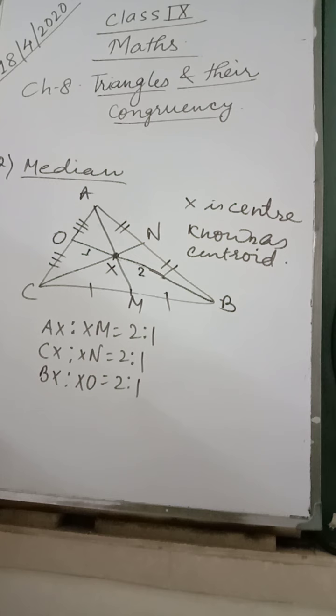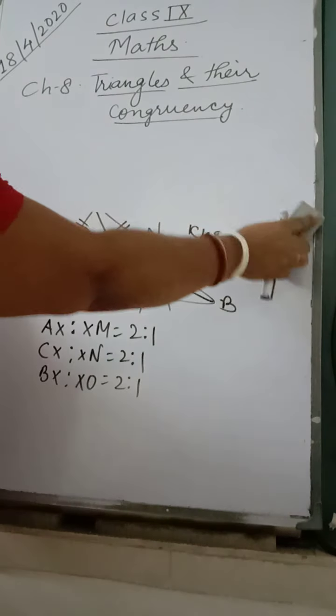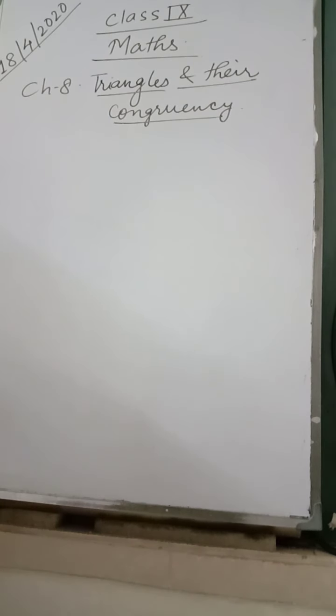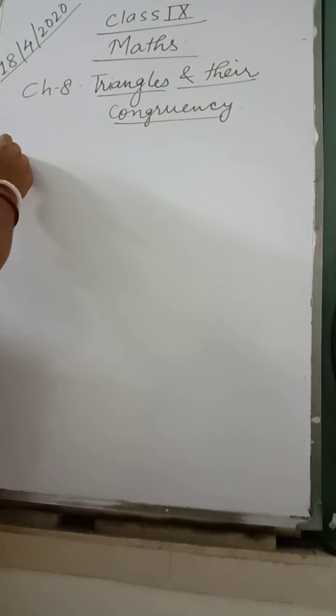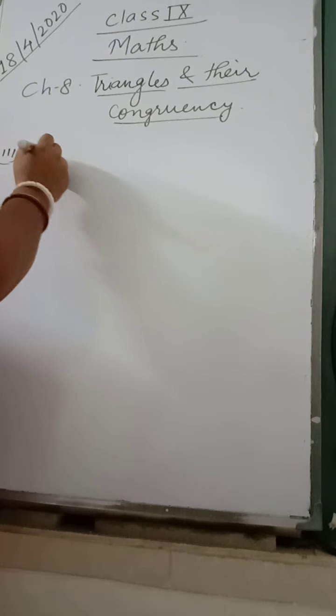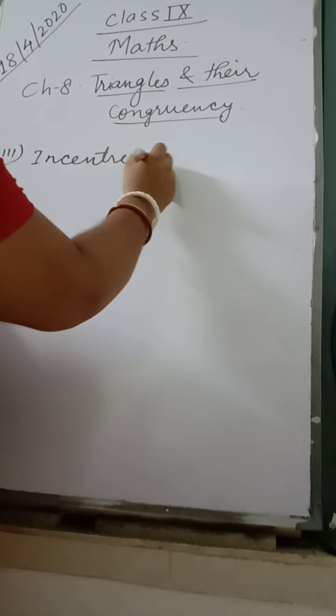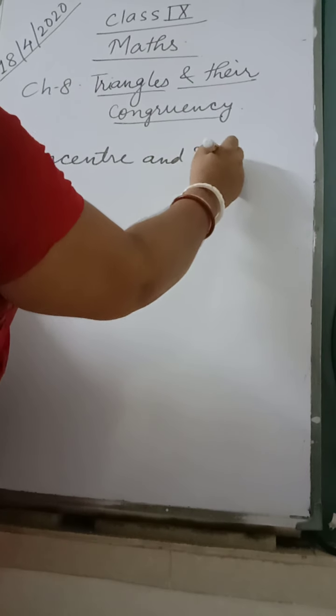Then we have incenter and incircle, and circumcenter and circumcircle. When we bisect the angles of a triangle, the bisectors meet at a common point, known as the incenter.